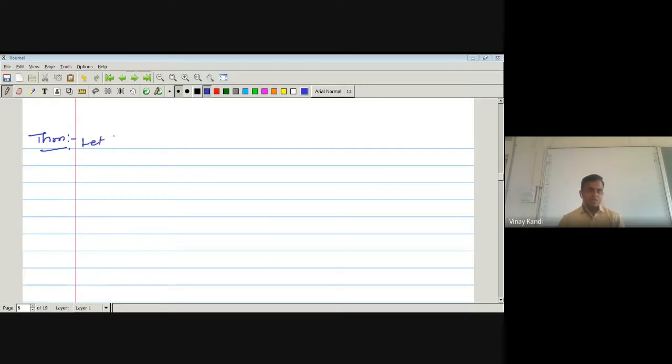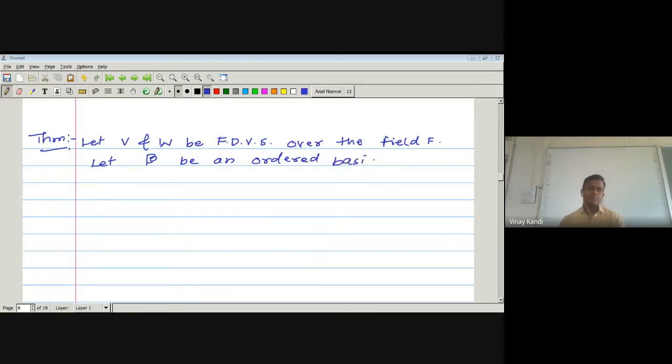Let capital V and W be finite dimensional vector spaces over the field capital F. Okay, and let beta be an ordered basis for V with dual basis beta star for V star.